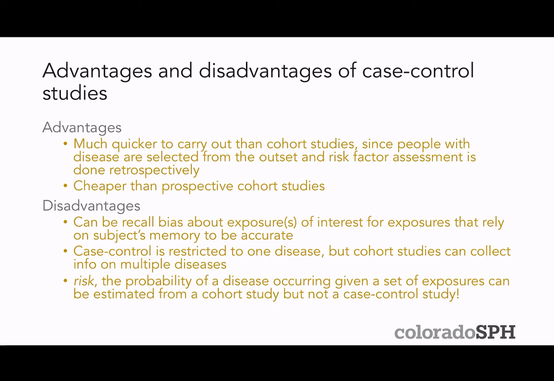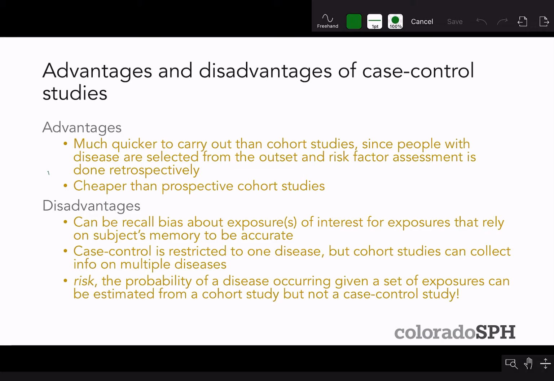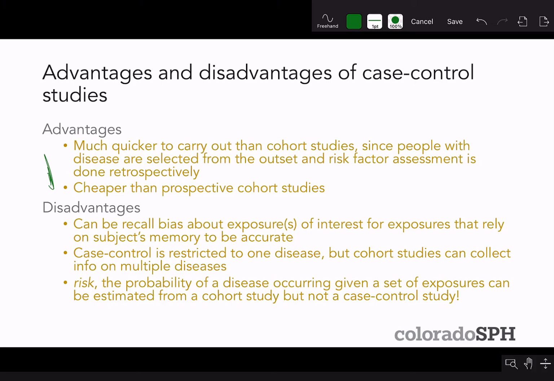In general, the advantages and disadvantages of case control studies are as follows. The advantages are that they're much quicker to carry out than cohort studies, and they're also much cheaper. One of the disadvantages is that there can be recall bias about what exposures of interest people have been exposed to, especially if those exposures rely on the subject's memory to be accurate.